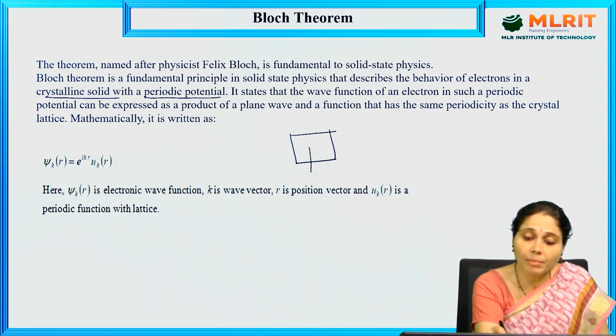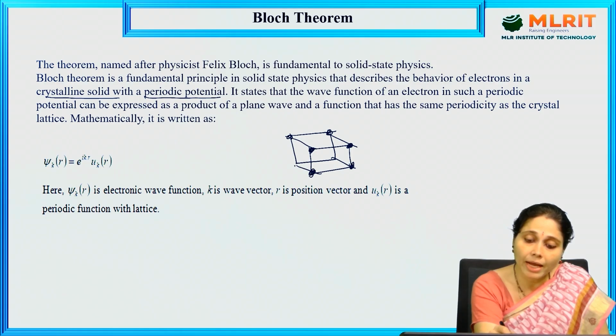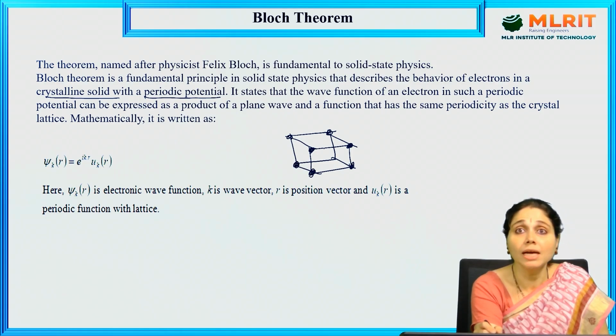What is a unit cell? The basic unit cell wherein the atoms are placed at particular positions, and this regular repetition gives us the crystal lattice.